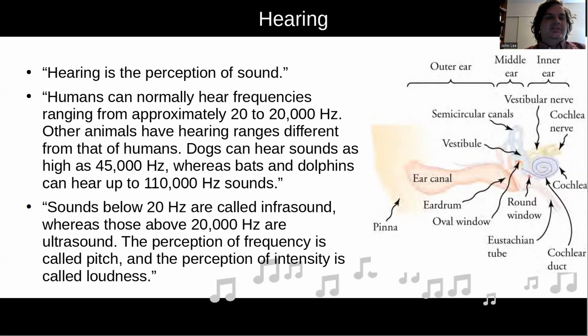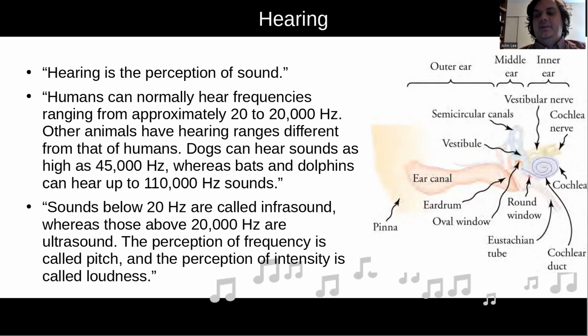So humans can normally hear frequencies from about 20 to 20,000 hertz, but other animals have different ranges. So dogs can hear sounds up to 45,000 hertz, and bats and dolphins can hear up to 110,000 hertz. And then sounds below 20 hertz are called infrasounds, whereas above 20,000 hertz is called ultrasound.